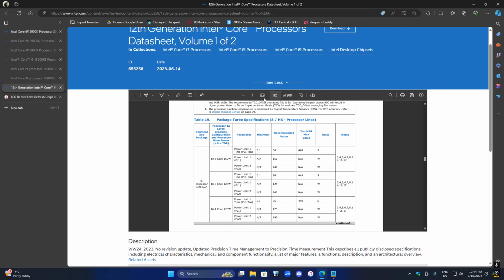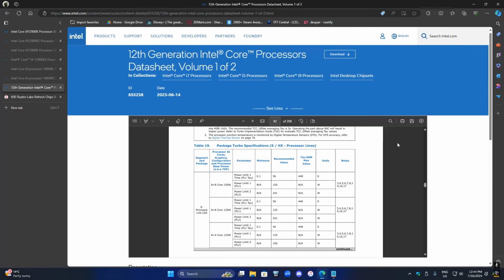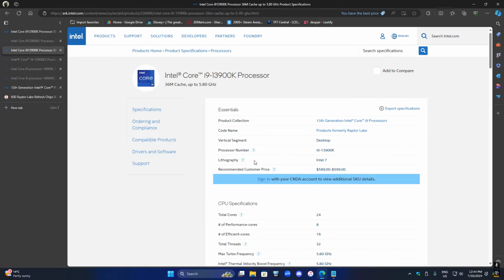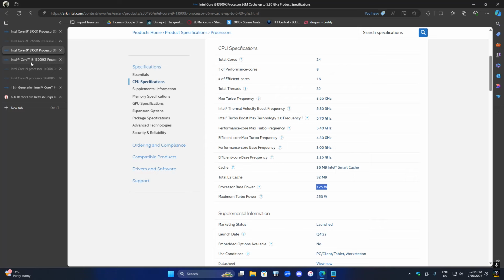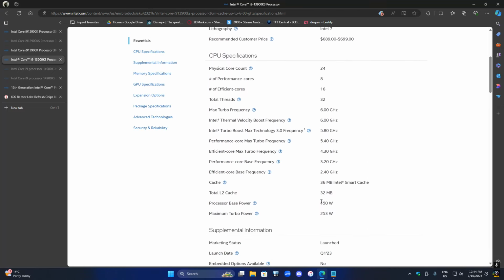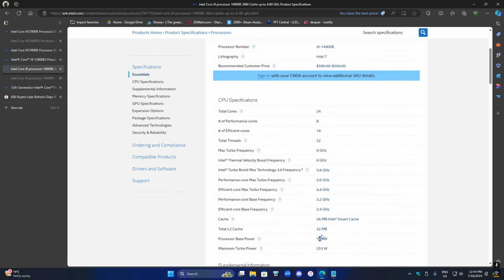If what I'm saying is actually spot on, then what that means is PL1 has been wrong the entire time. Then it means we have to respect these PL1s. And by the way, if you're curious, 14th gen is exactly the same.